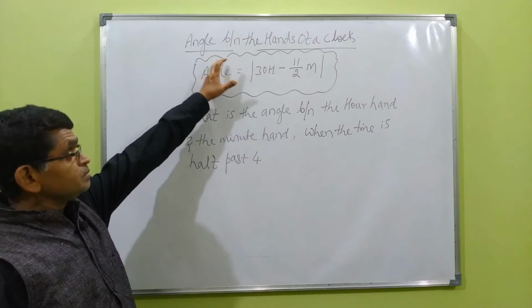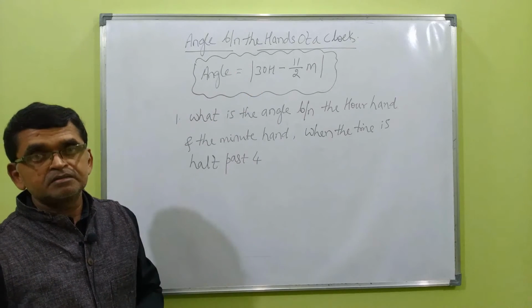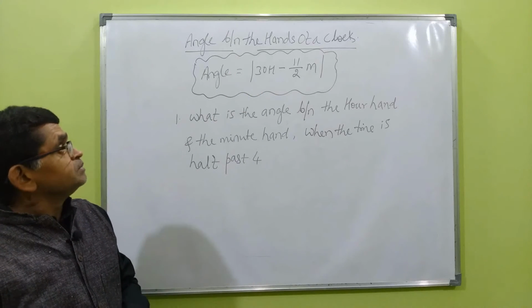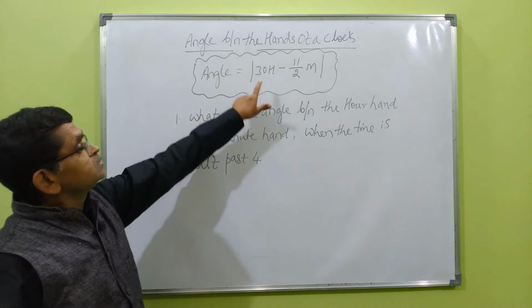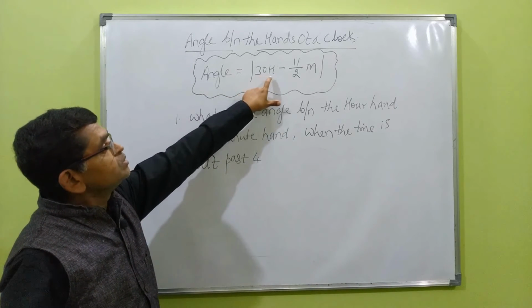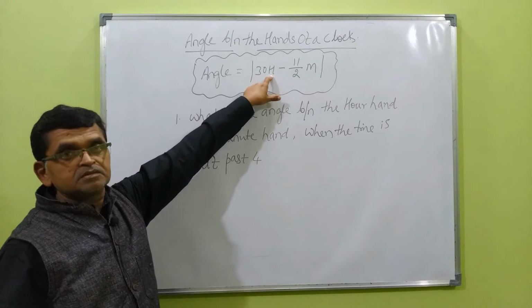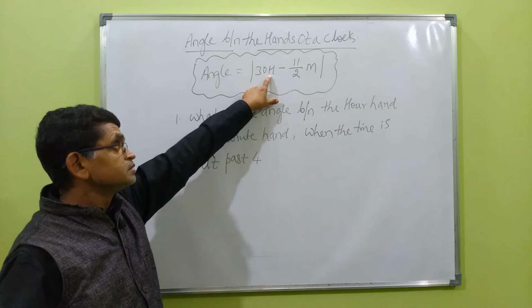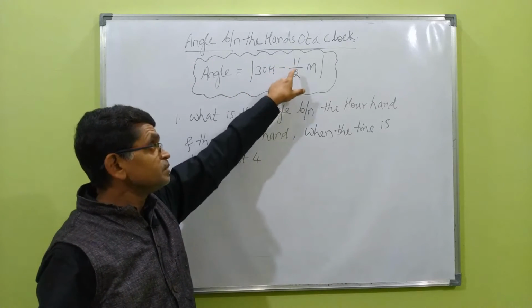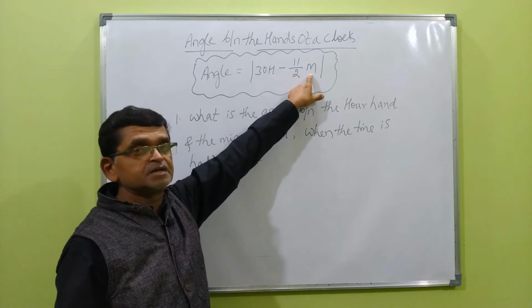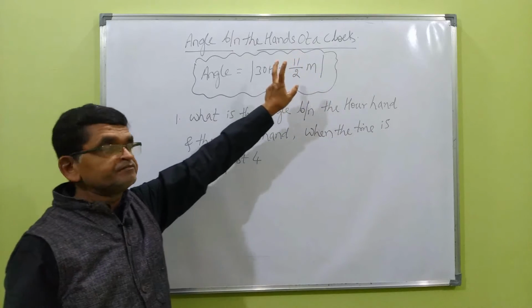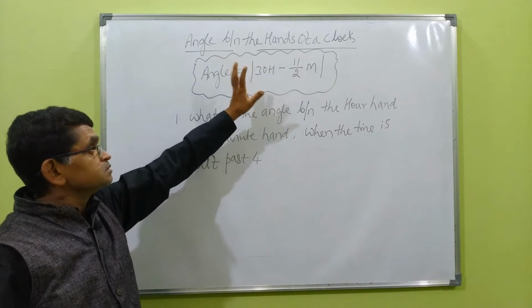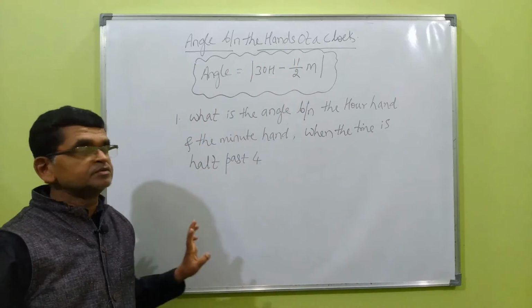See, the angle between the hour hand and the minute hand is equal to 30 into the hour minus 11 by 2 times the minutes. This is hour hand and minute hand. So you have to take the absolute value.